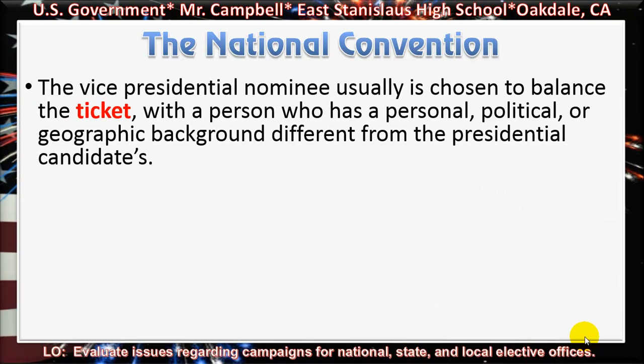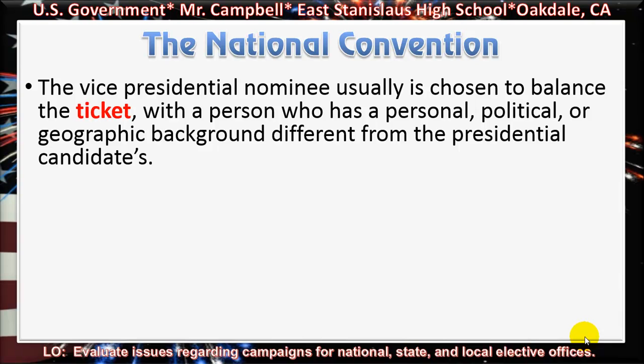The vice presidential nominee is usually chosen to balance the ticket with a person who has a personal, political, or geographic background that is different from the presidential candidate's.